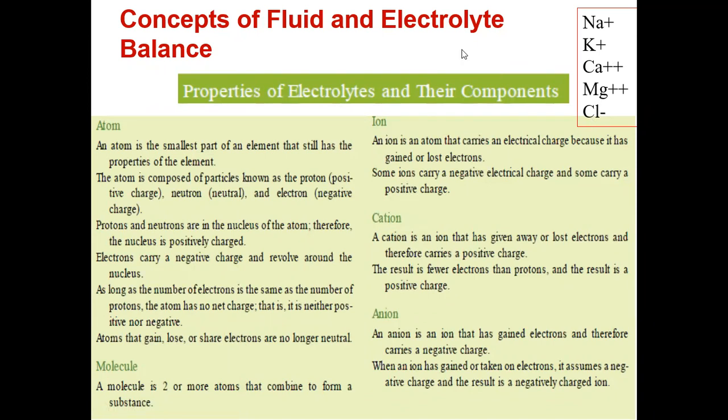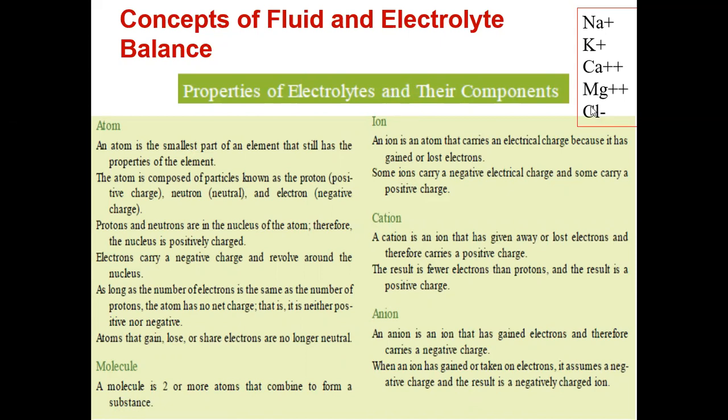They are electrolytes, right? Sodium, potassium, calcium, magnesium, we said are positive, but chloride is negative. All of them are electrolytes.